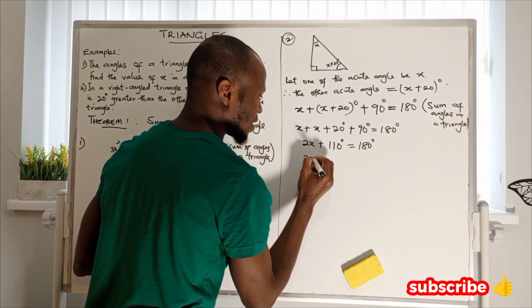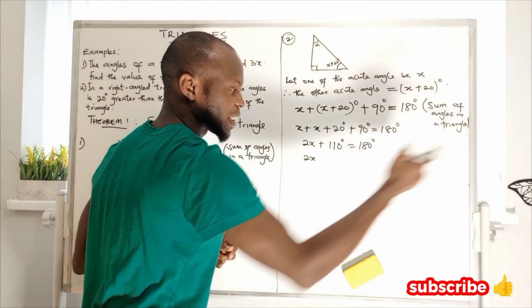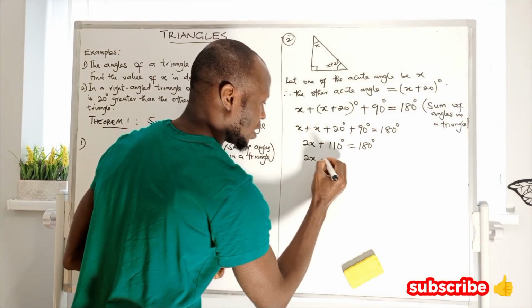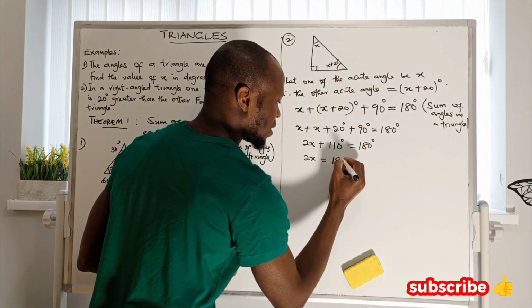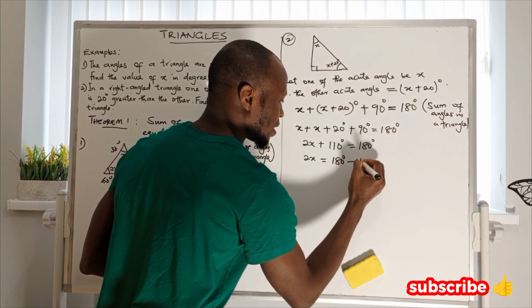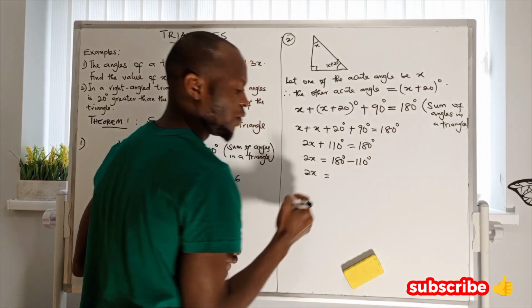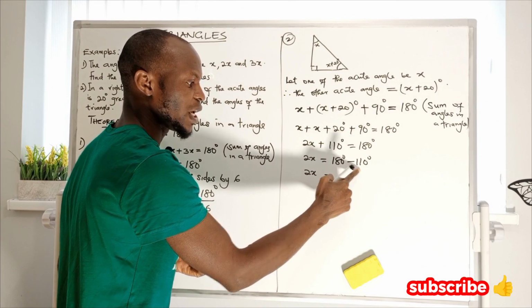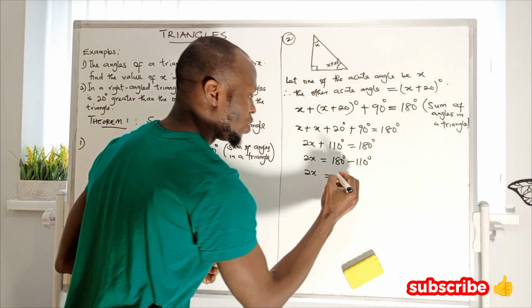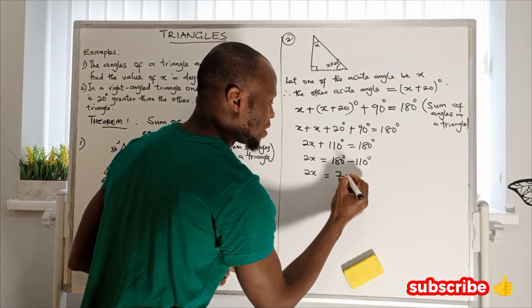So my 2x, if I bring plus 110 to the other side, it becomes minus, equals 180 degrees minus 110 degrees. So my 2x will be equivalent to, if you subtract 110 from 180 degrees, you have 70 degrees.